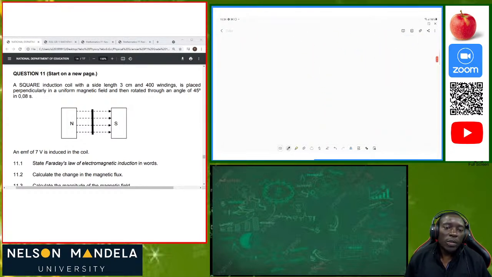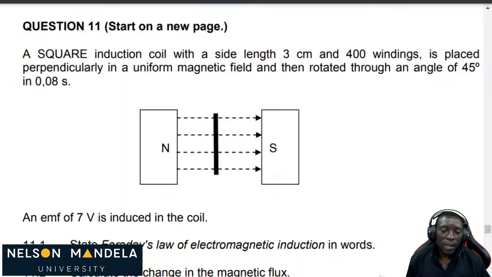A square induction coil with a side length of 3 centimeters and 400 windings is placed perpendicularly in a uniform magnetic field and then rotated through an angle of 45 degrees in 0.08 seconds. An EMF of 7 volts is induced in the coil. So this is electromagnetic induction.